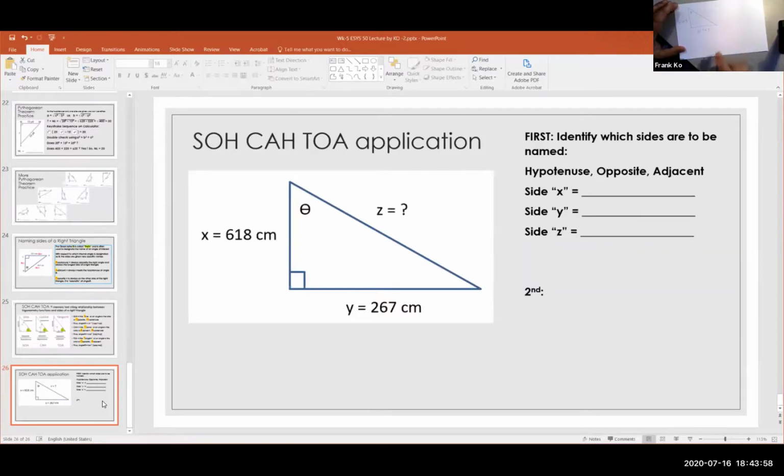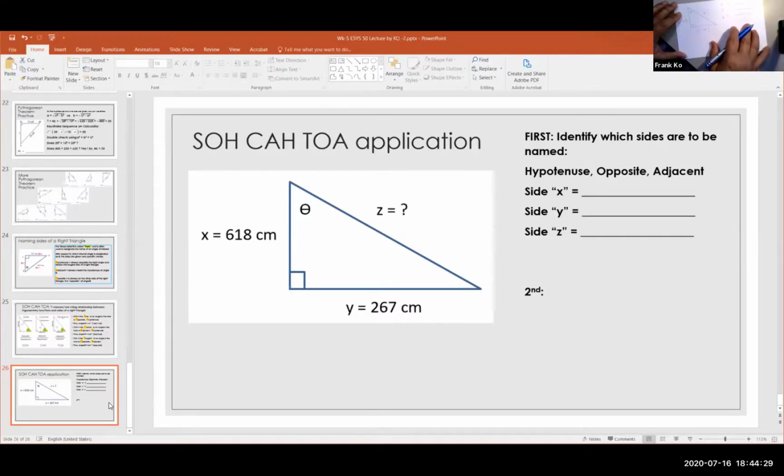So let's go ahead and identify what x, y, and z are first. We have to identify the side of x, the side of y, the side of z with names, which is opposite, which is hypotenuse, which is adjacent.